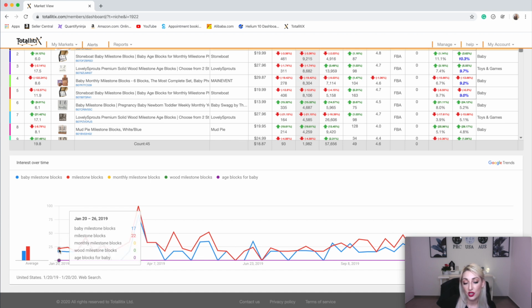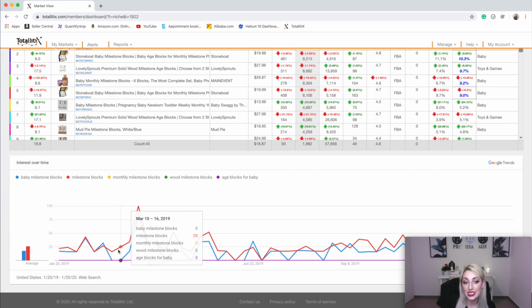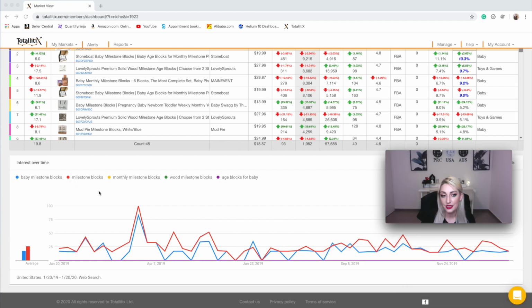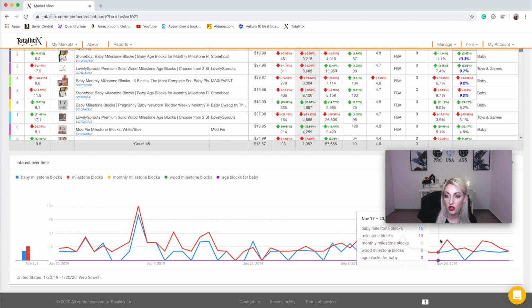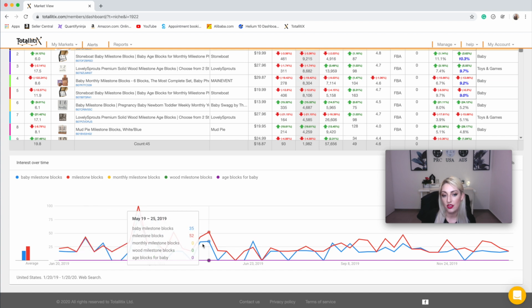I can also see that this isn't a huge product just from looking at the trends here. But I can see that the keyword milestone blocks did become a little bit more popular at certain periods over Q4. Really, it's not that much. There's not that much demand on it in general.